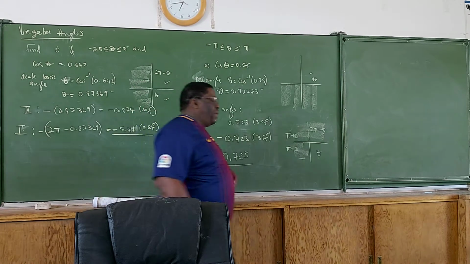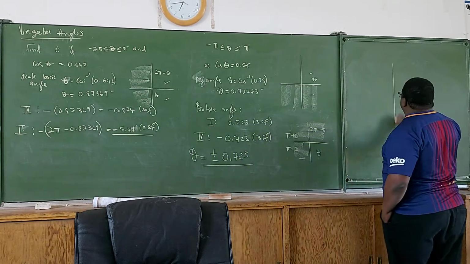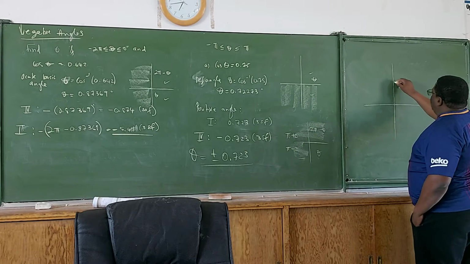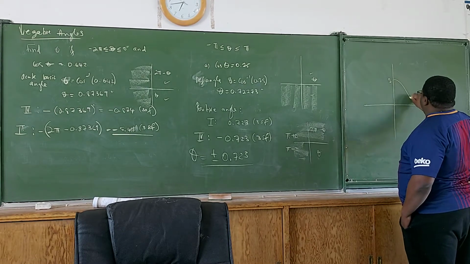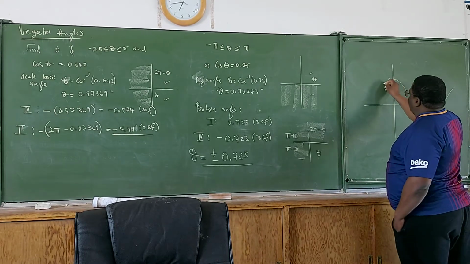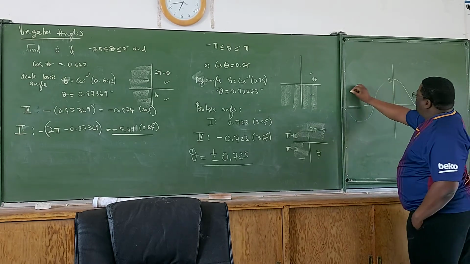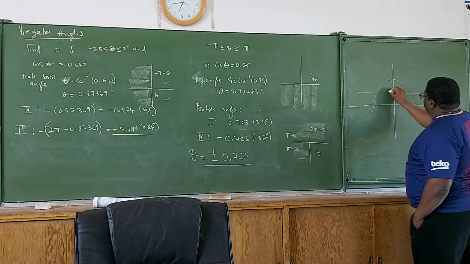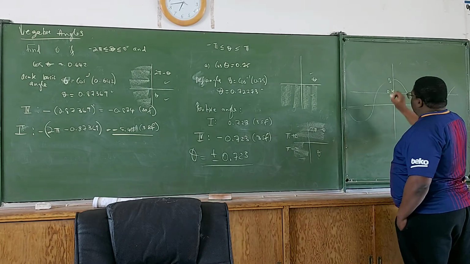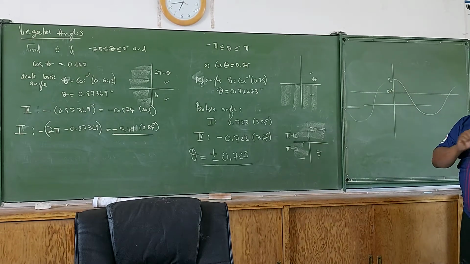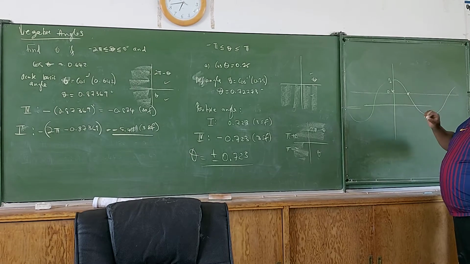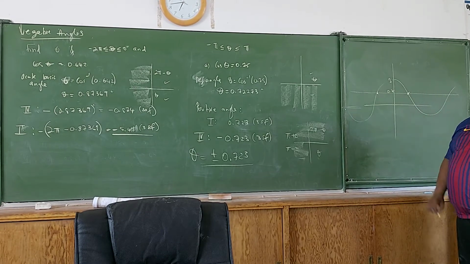You get it? Remember the cosine graph starts at 1. Are you confused? Right. Now, when we are talking about this line here, 0.75, that's what I mean. So, one solution is going to be here. There's going to be another solution there as well.